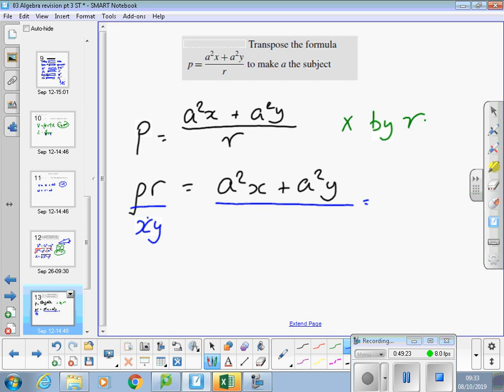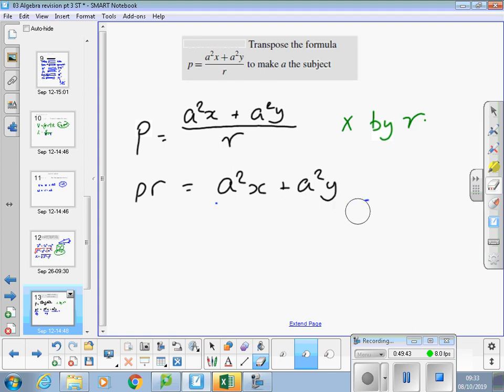You'd have this over xy plus that over xy. Not solved. The x's would cancel this side, the y would cancel that side. You see?